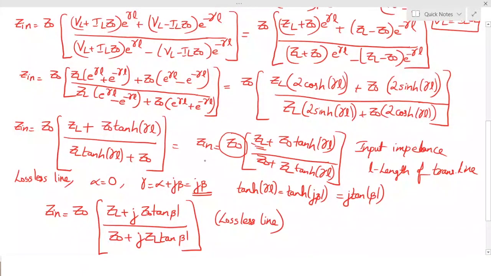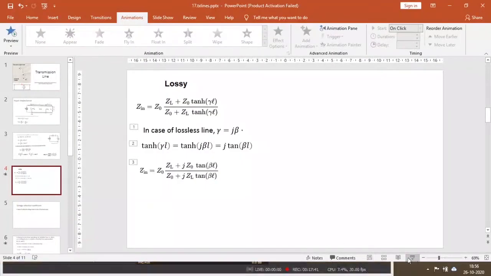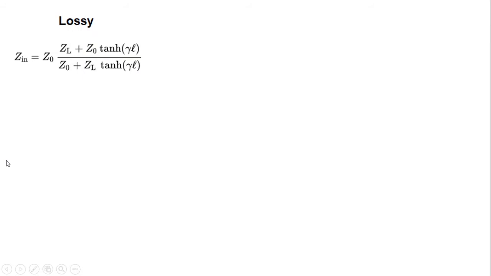So this is a general equation for input impedance, and in case of a lossless line, the equation for input impedance is this. It's a very important derivation, and the final equation is also very important. For the exam, you have to learn this complete derivation. So these are the final equations. Zin is Z0 into (ZL plus Z0 tanh gamma L) divided by (Z0 plus ZL tanh gamma L).